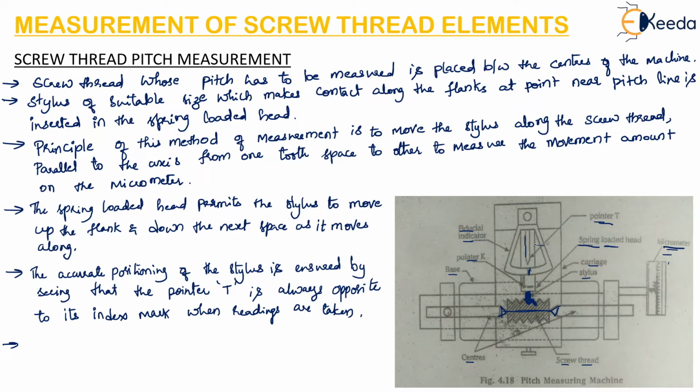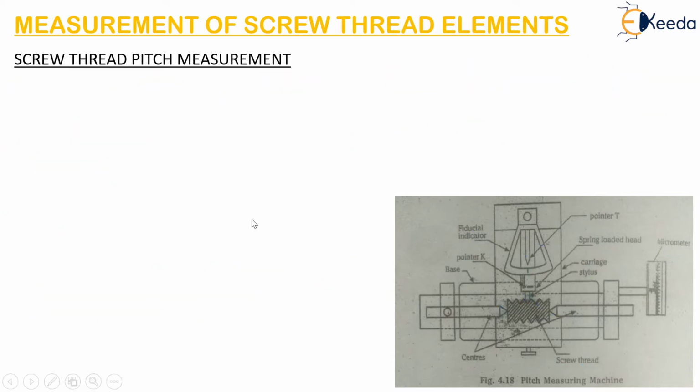The indicator is next adjusted radially until the stylus engages between the thread flanks and the pointer K is opposite to the line mark. This is the pointer K, which is here.